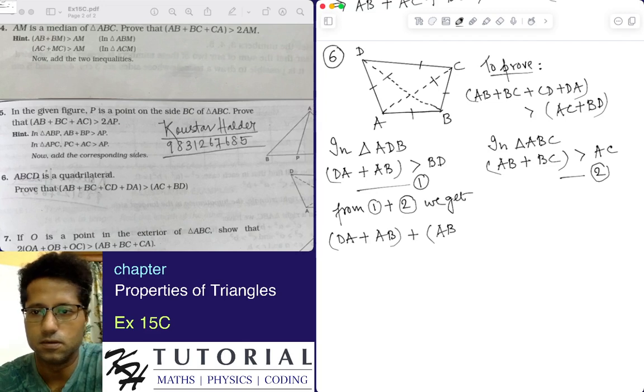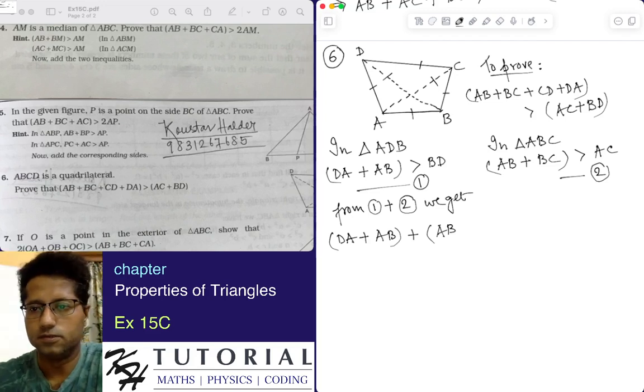But we have to incorporate the sides CD and DA. We already have DA, but we also have to consider the side CD.